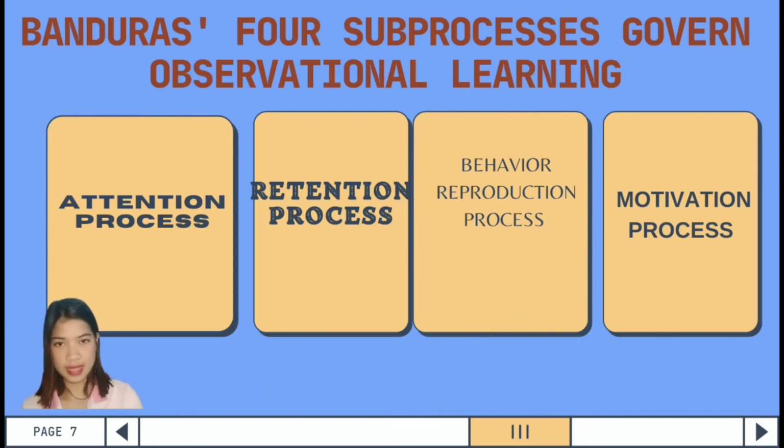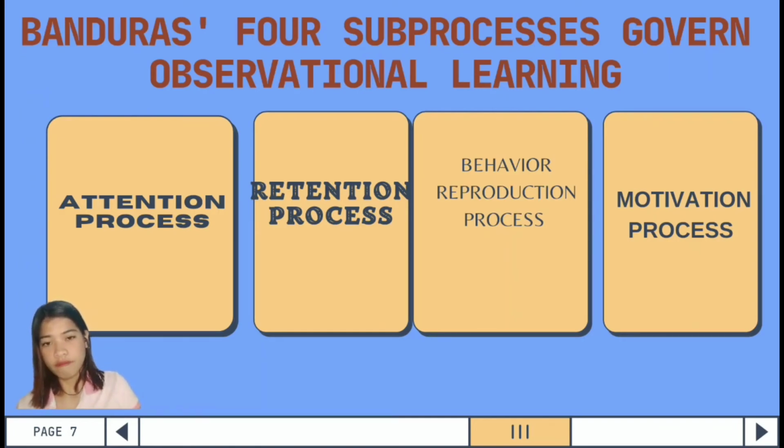The first is the attention process. This involves what the person observes and the information he or she extracts from the model's actions. Because of the importance of the attention process for learning, directing full attention to the demonstration rather than the mere observation of it is more important for optimal learning.